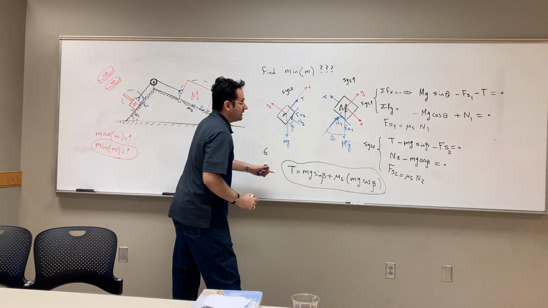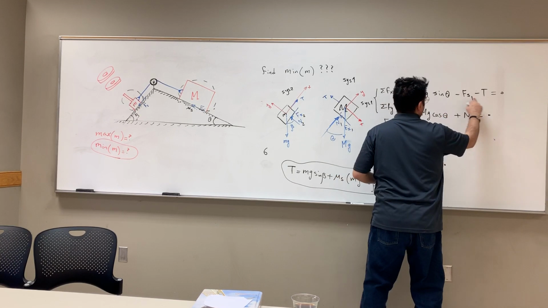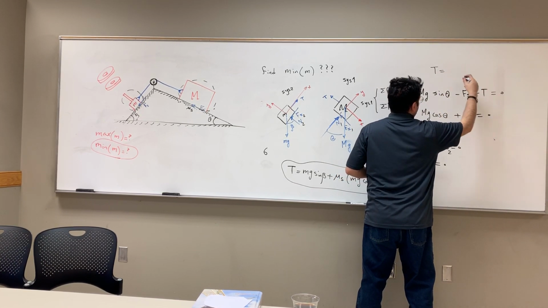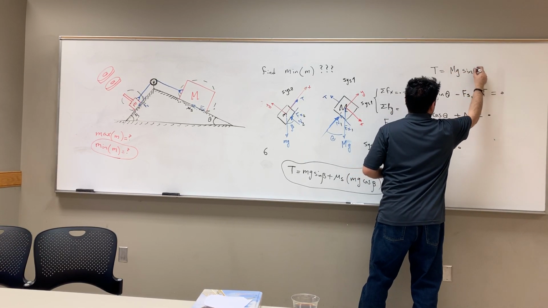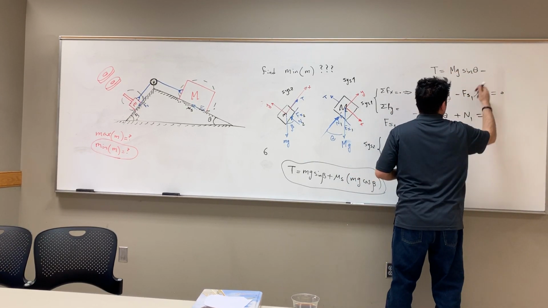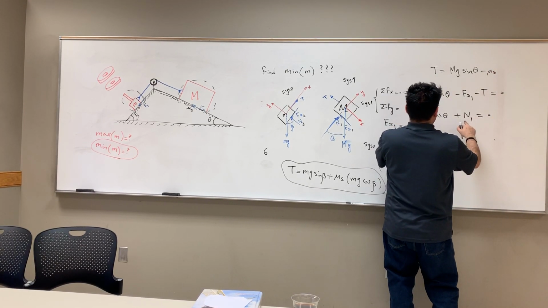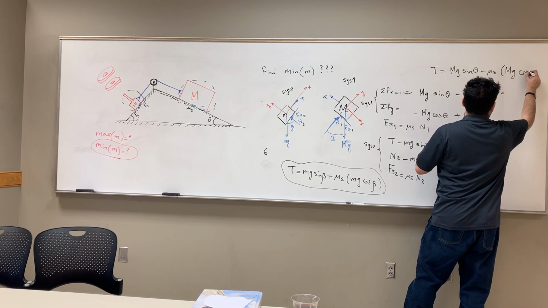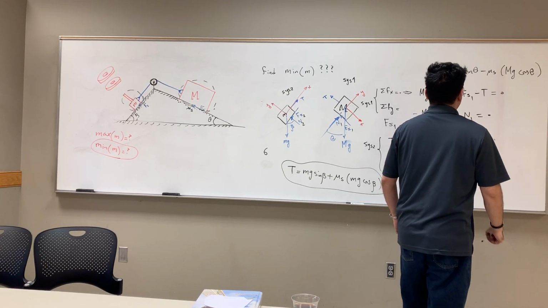So you have a T here. Now let's solve here for T. So you get T is equal to Mg sine theta minus Fs1, which is mu S times N1, and N1 is Mg cosine theta, right?